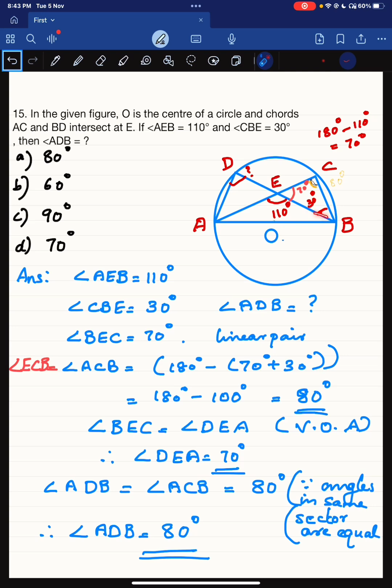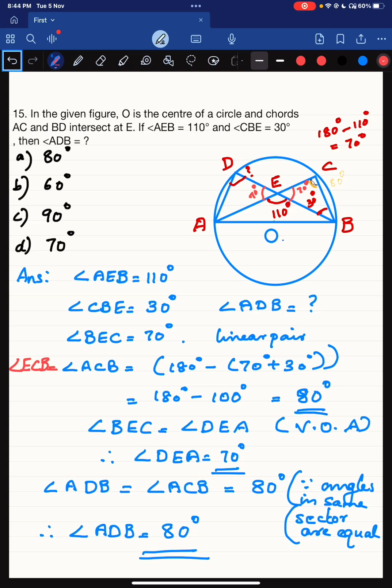We already know angle BEC is equal to 70 degrees, so angle DEA is also equal to 70 degrees. So we can write angle DEA is equal to 70 degrees. So we got DEA.